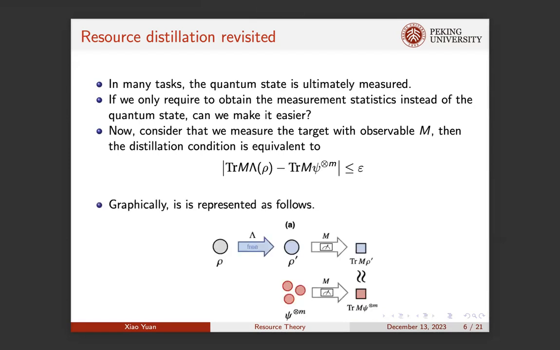Graphically, this is equivalent to having the quantum state rho prime. In the original definition, we want rho prime to be close to psi to the m. But here we also perform a measurement of the state, and we require that the measurement statistics are close to each other. If we require that this definition holds for arbitrary measurements, then you can easily prove that this requirement is essentially equivalent to the previous one.